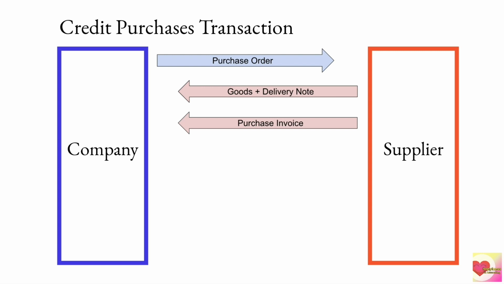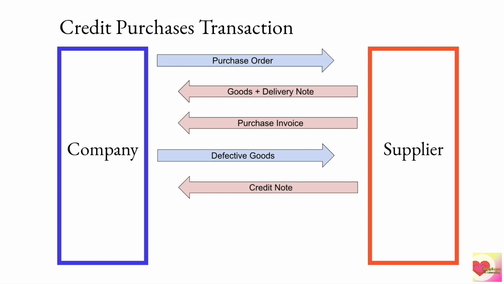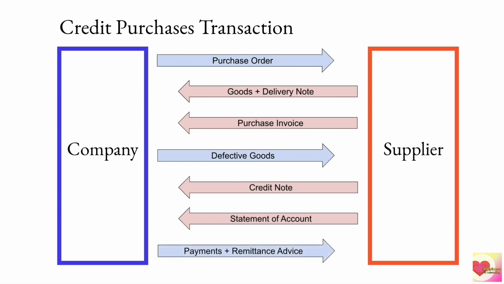If there are some defective goods, the company will return those defective goods to the supplier. Then the company will receive a credit note containing the details of defective goods as agreed by both parties. After a period, for example, after a month, the company will receive a statement of account from the supplier. The company will then send the payments plus remittance advice to the supplier.